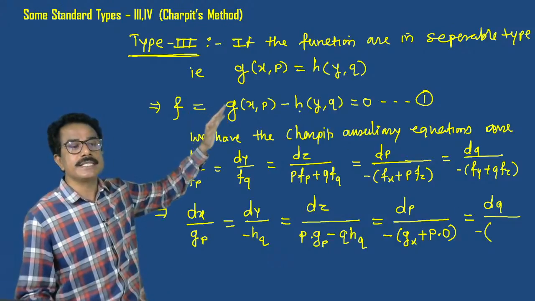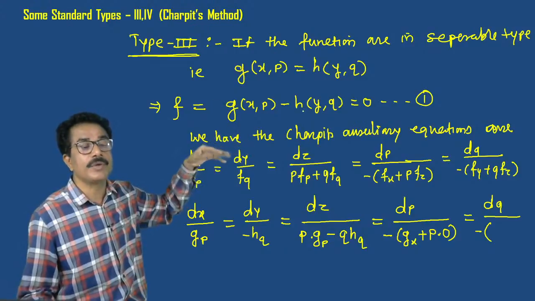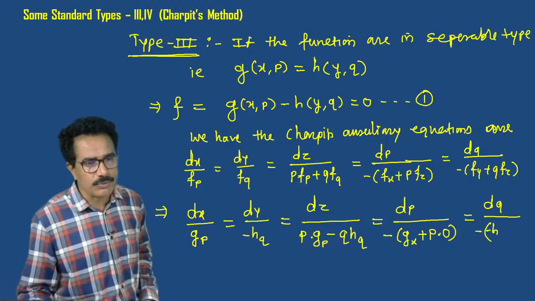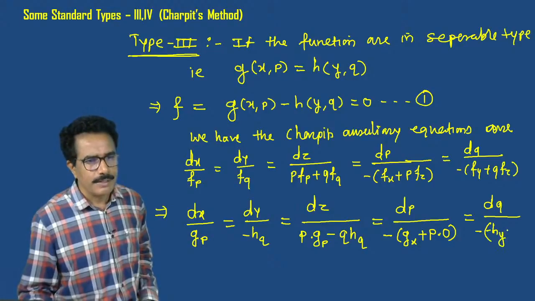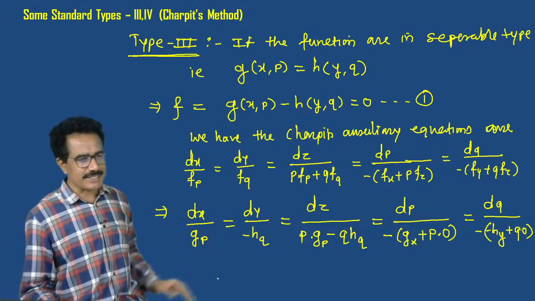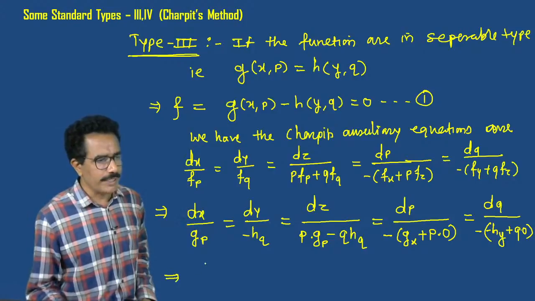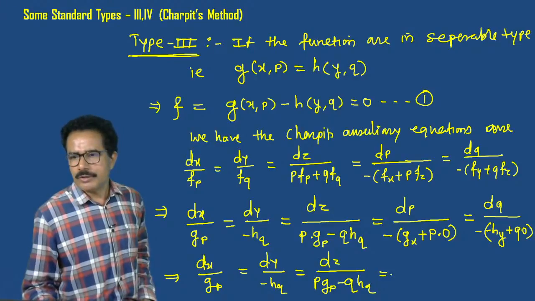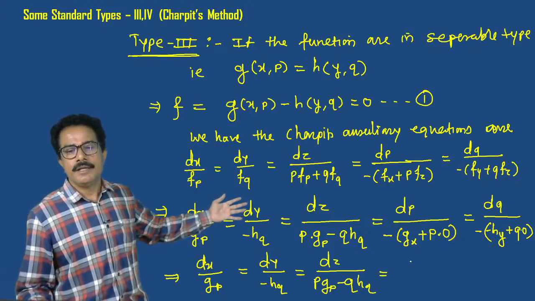Fy means it is a separable form of function h because h is a function of y, so we can write minus hy plus q into fz, which is 0. Do you understand this, students? So we can write dx upon gp which is equal to dy upon minus hq which is equal to dz upon p gp minus q hq. Do you understand this?